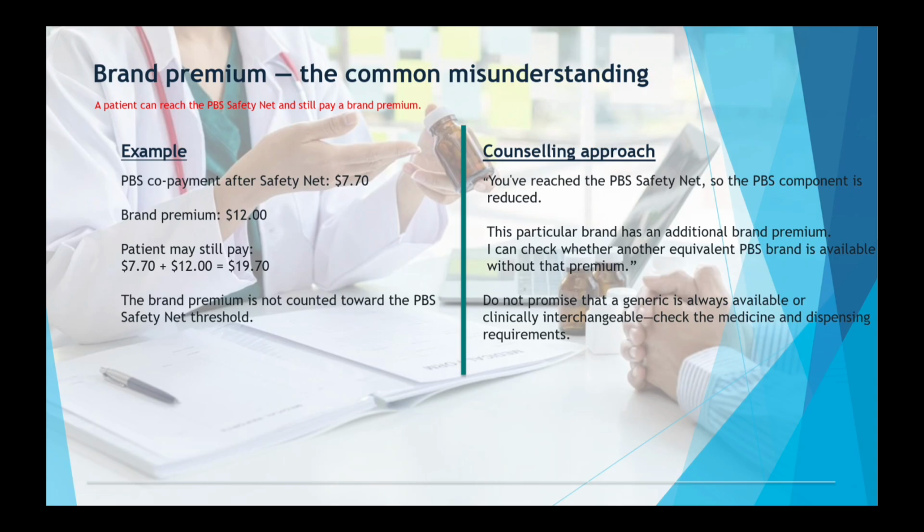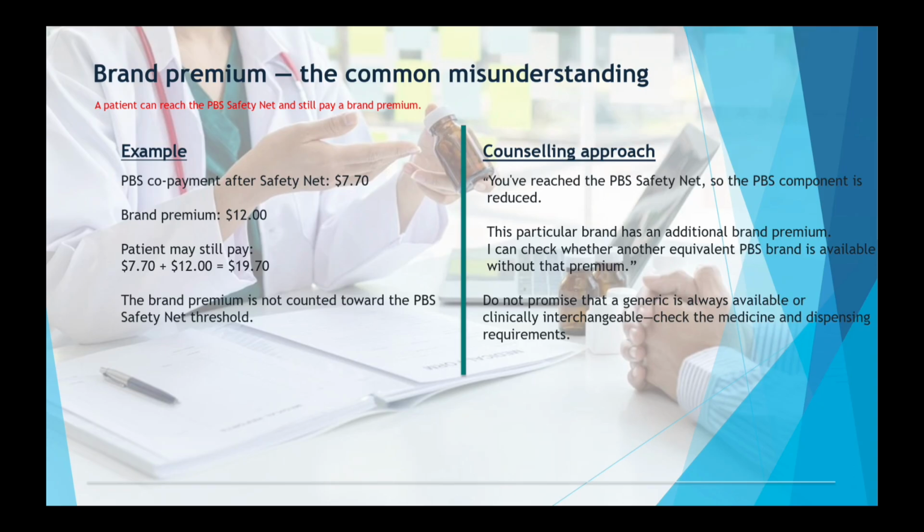For example, the PBS co-payment after the safety net is $7.70, and the brand premium is $12. That means if the brand is charging $12, the patient may still pay $7.70 and $12.